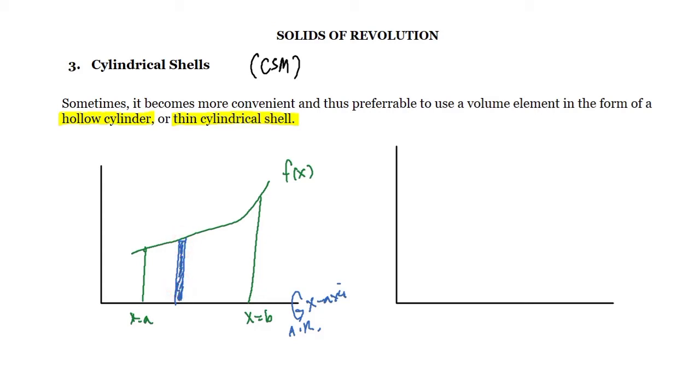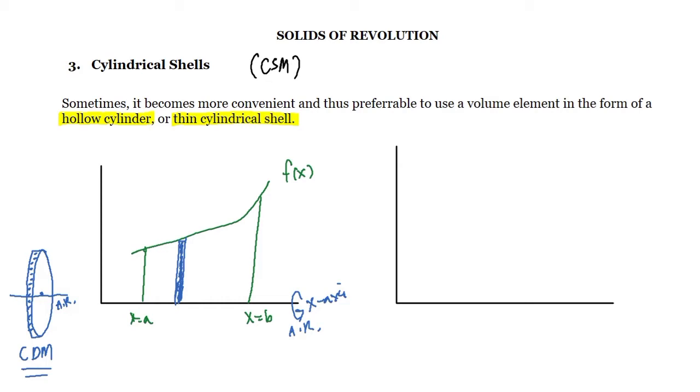Kapag ito yung kinuha natin, yung vertical na strip na to, magkakaroon tayo ng circular disc. So, ito yung gagamitan natin ng circular disc method o yung tinatawag nating piso method. Wherein this axis here is the axis of revolution.